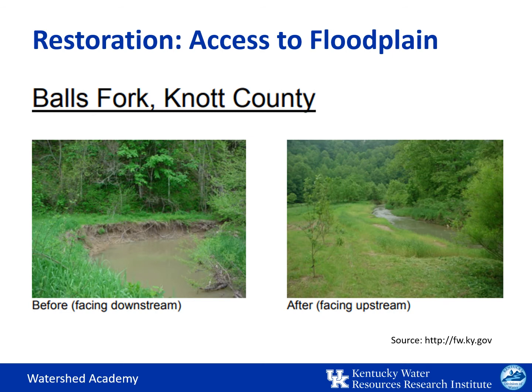Following restoration, the banks have a more gradual slope, allowing for flows to spread out over the floodplain and reducing erosional pressures on the bends in the stream. So stream restoration is helping to speed along this process of adjustment and quickly allow the stream to come to a more stable environment that may take hundreds of years if it was to do it on its own.